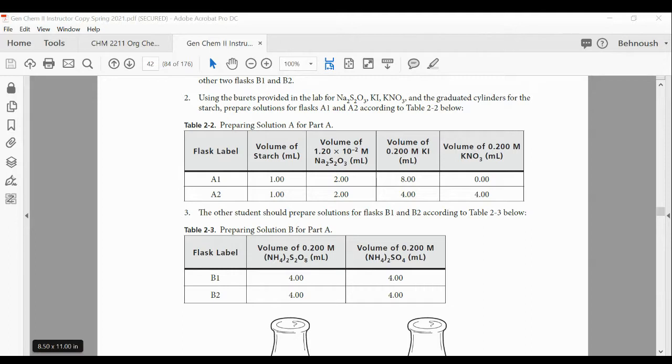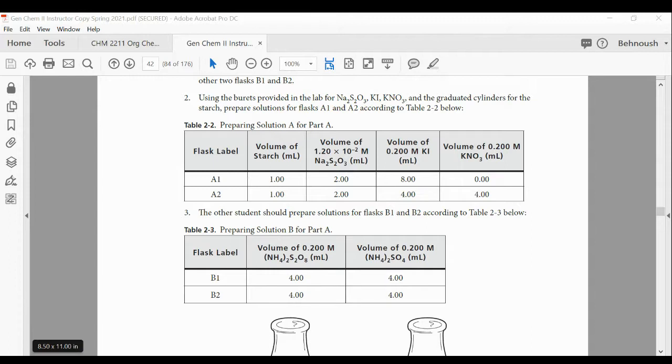Can you hear me? Are you looking for the value M1 for iodide? No, M1 is not 1.